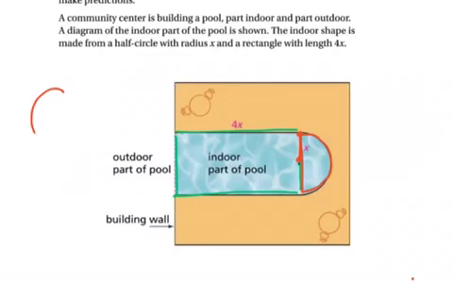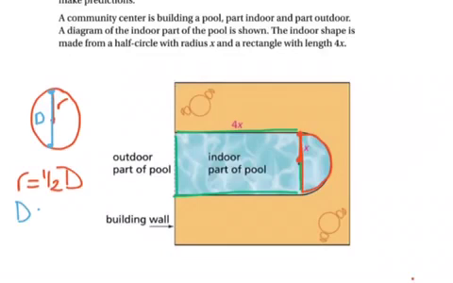Now, I hope you remember, but just as a quick review, if here's a circle, from the edge to the center is a radius. However, from the edge through the center to the other is the diameter. Hopefully remember that a radius is 1/2 of the diameter, which means the diameter would be equal to 2 radii.